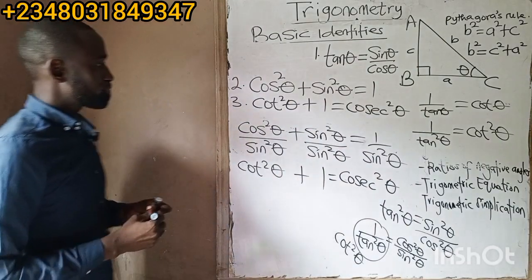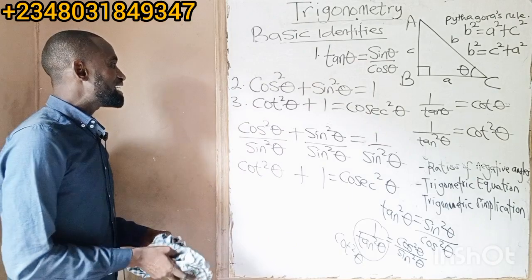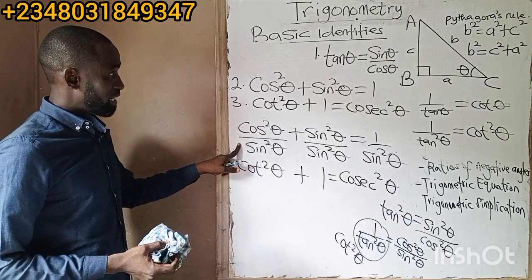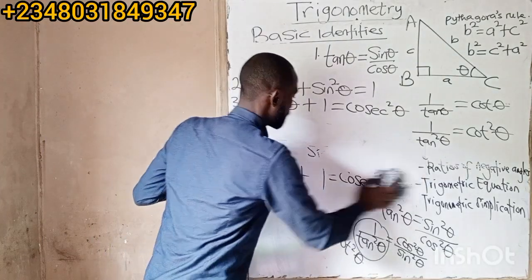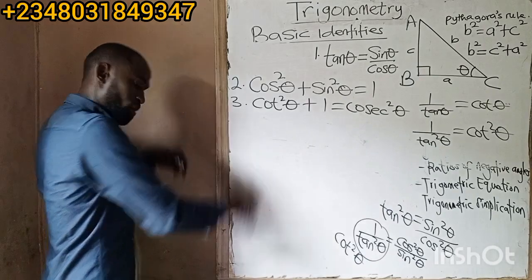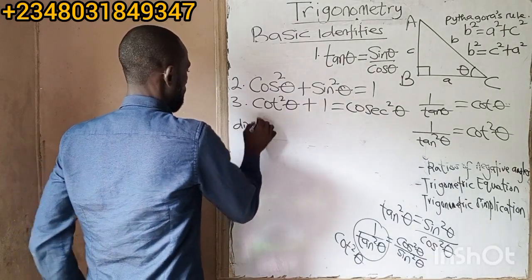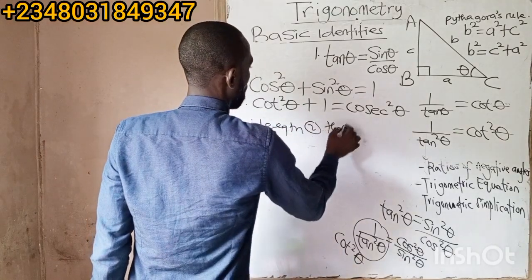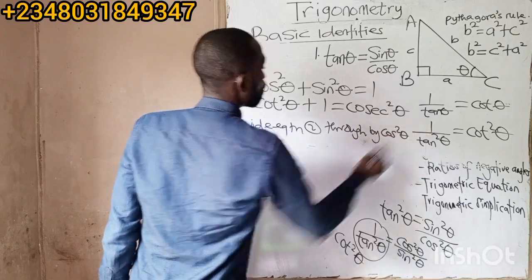Then the fourth one. This is my equation 2. Let me now divide equation 2 through by cos square theta.